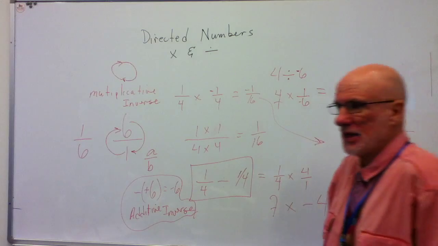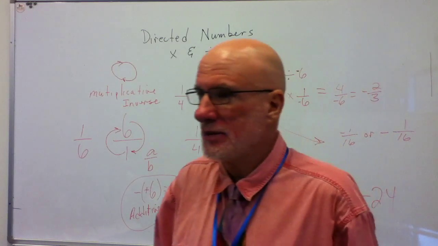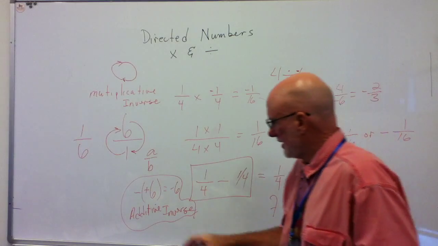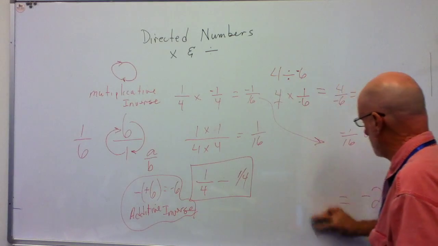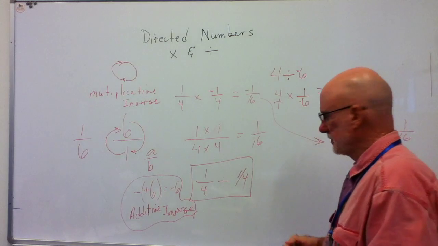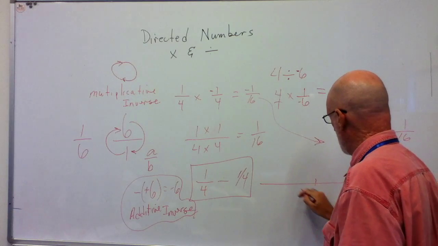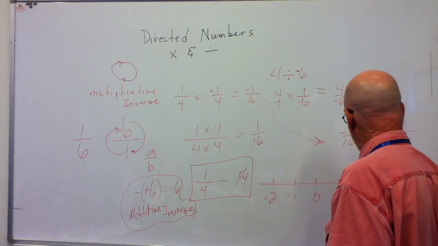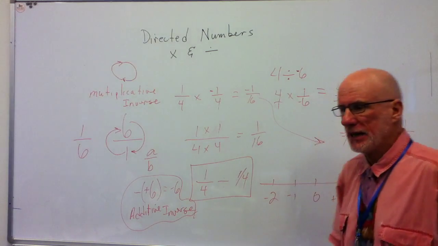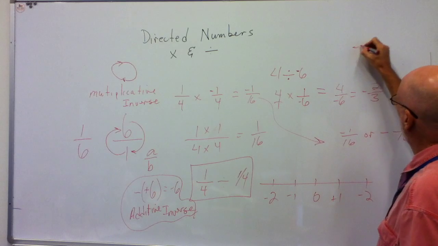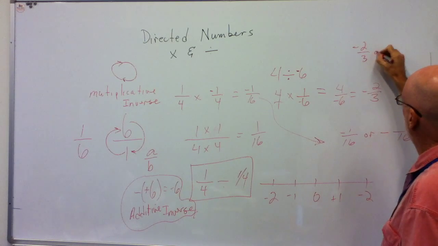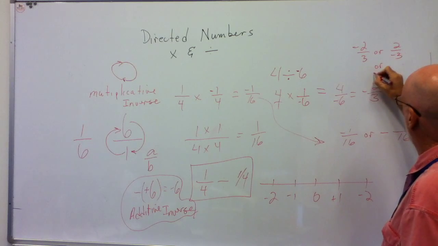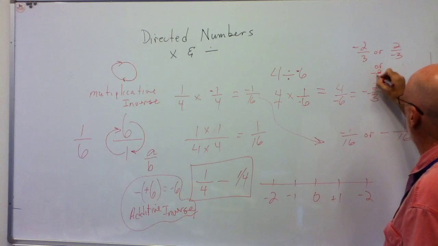Does it matter where the negative sign is? Not really. The value is -2/3. So if I was on my number line, I would say this: 0, 1, -2, +1, +2. Where would I put -2/3, or 2/3, or -2/3?